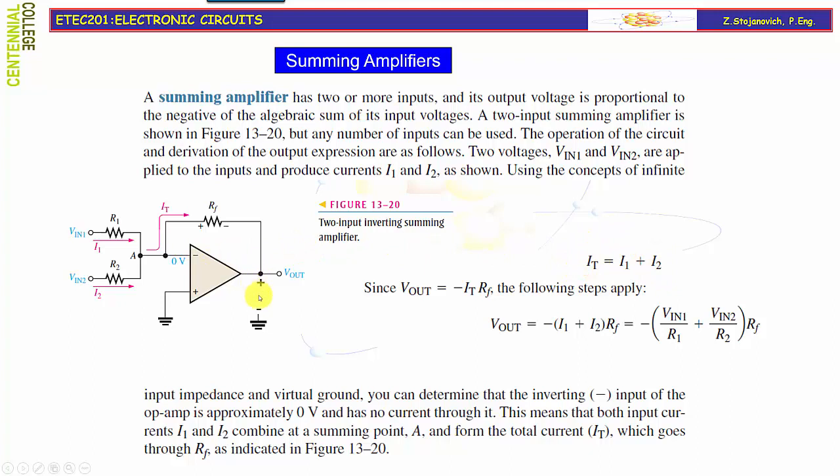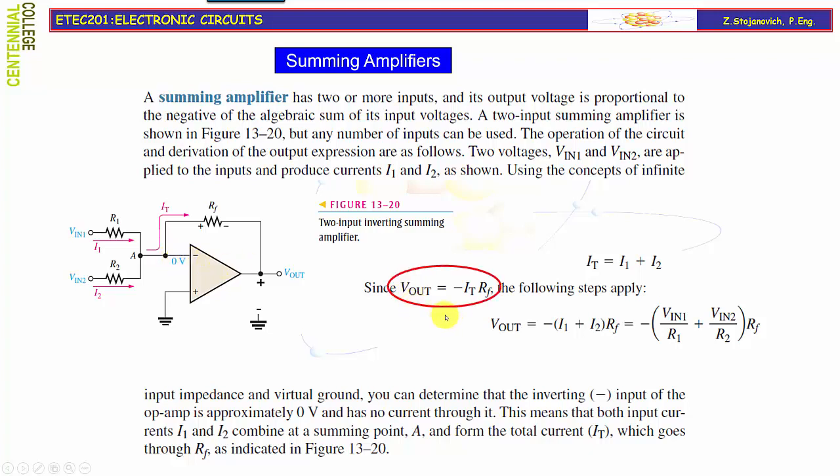If we apply Kirchhoff voltage law around the output loop, which includes Vout and the voltage drop across resistor RF, then starting from ground we will have Vout plus RF IT reaching the starting point. So the sum of those two voltage drops must be equal to 0.